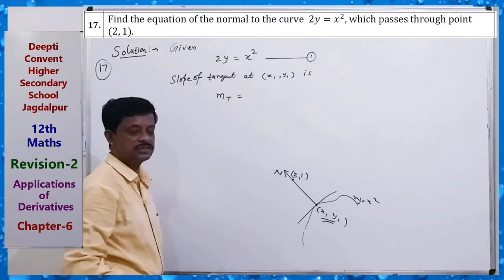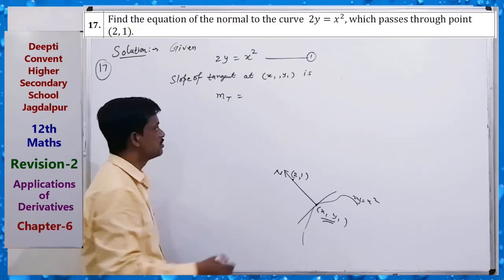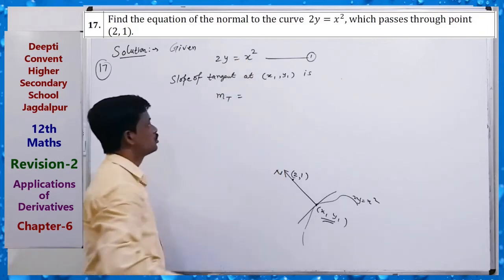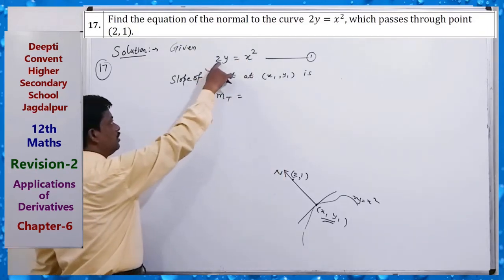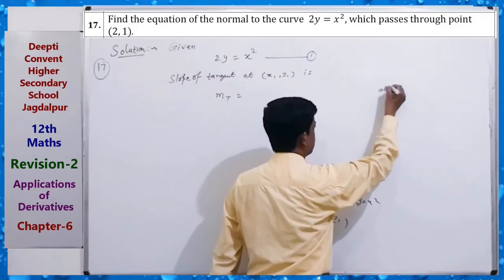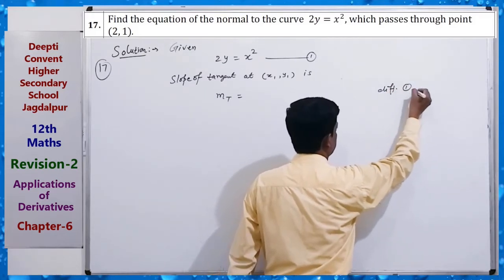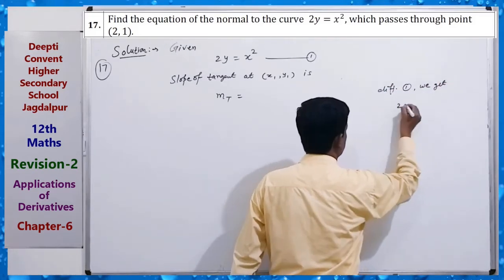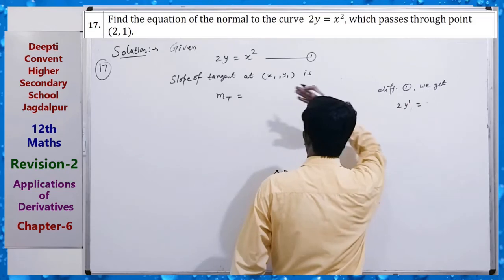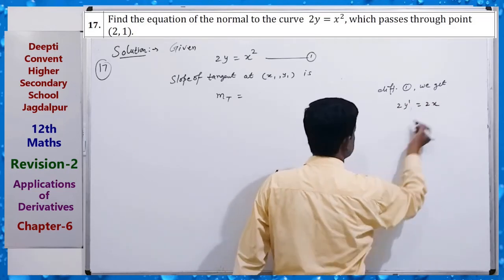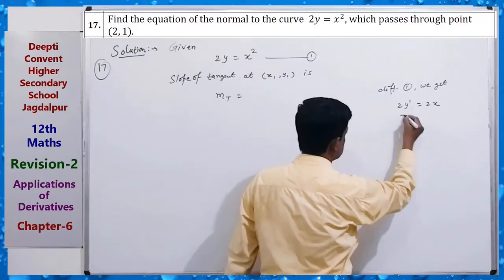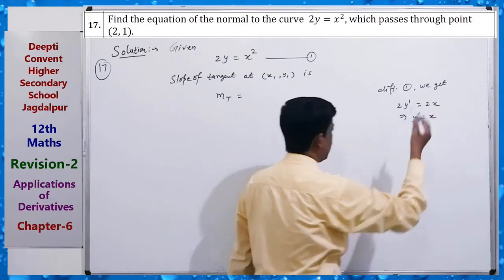Differentiating 2y equals x square with respect to x, we get 2y dash equals 2x, so y dash equals x.